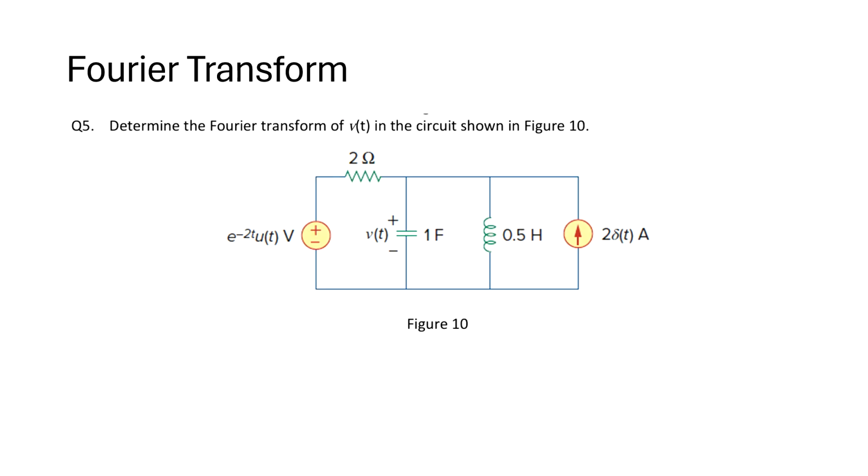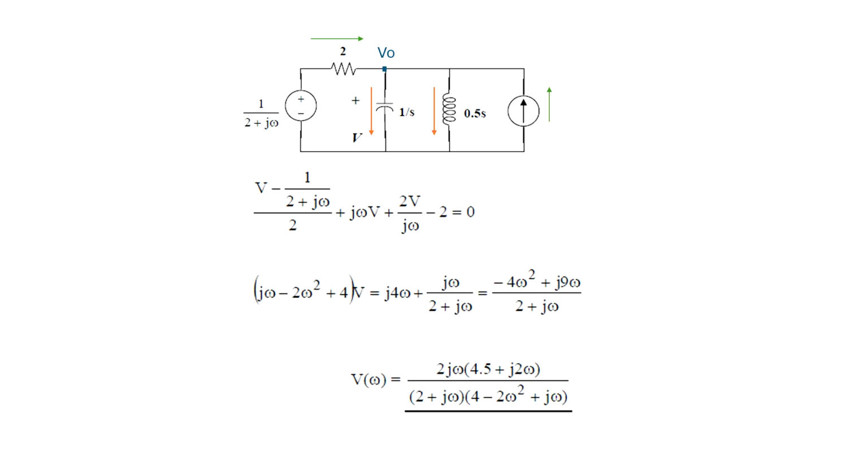Okay, so now for question 5, we have to determine the Fourier transform of v(t) in the circuit shown in figure 10. To solve this question, we just use nodal analysis. And remember, in equals out, so you have to determine which current goes into V0 and what goes out of V0.